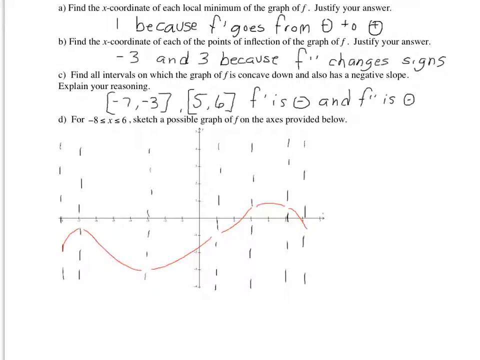So since it starts with negative positive, f prime decreases, especially when f double prime concaves down, so it's going to concave down with negative slope, and the next one would be positive, concaving upwards with the same thing.